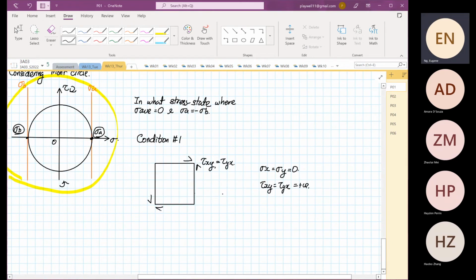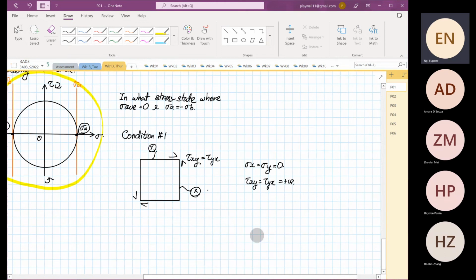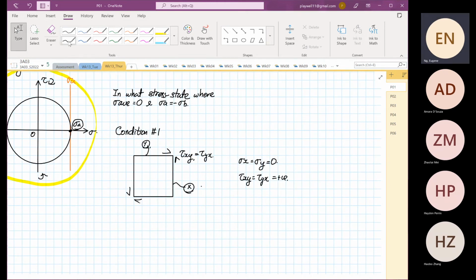If this is our X and this is our Y, both of them have 0 normal stresses.